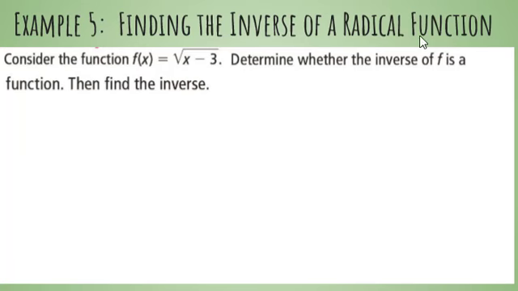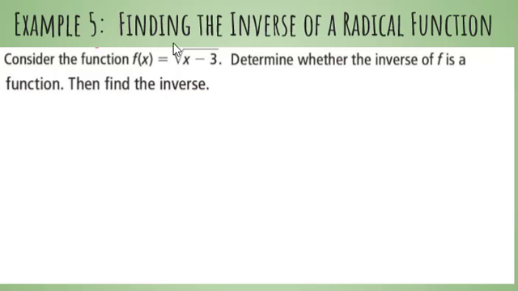So for example 5, we're finding the inverse of a radical function again. We have f of x is equal to the square root of x minus 3. It says determine whether the inverse of f is a function and then find the inverse.